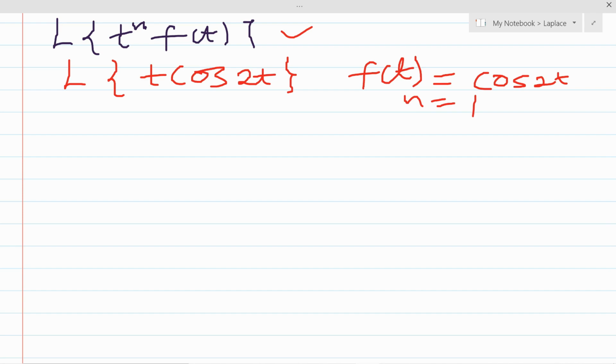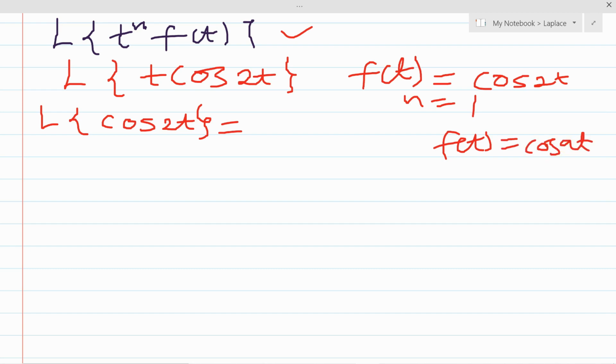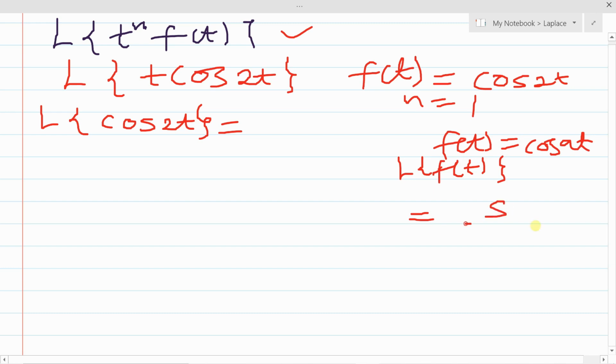So what you do is find the Laplace of f of t, which is cos of 2t, and we said the Laplace of cos at. We have f of t equals cos at, then Laplace of f of t, if you remember in our first video, is equal to s over s squared plus a squared.